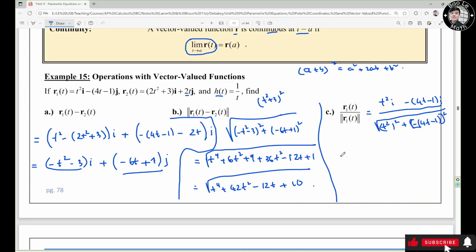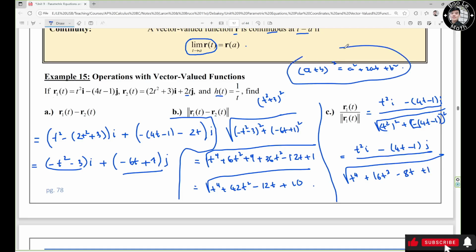And then it's going to be t squared I minus 4t minus 1 j over the square root of t power 4 plus 16t squared minus 8t plus 1, right? I just use the complete square formula right here, right?